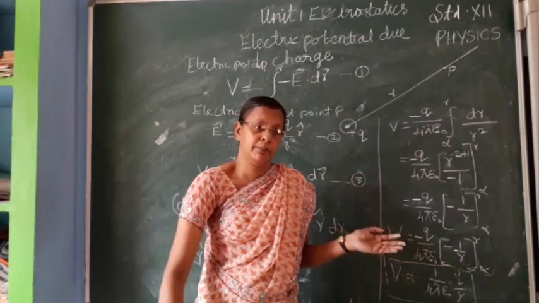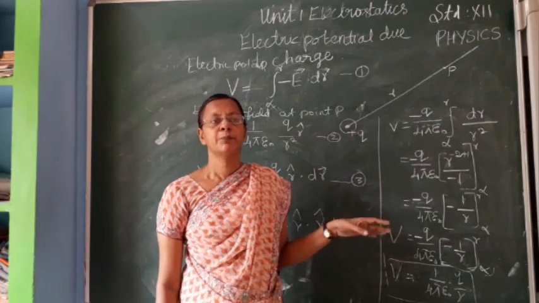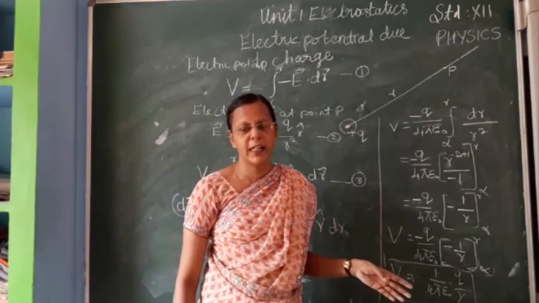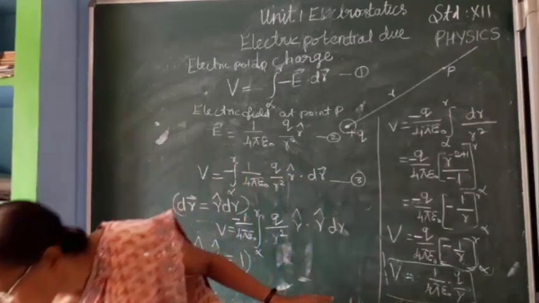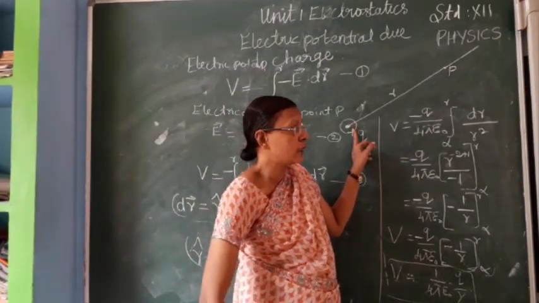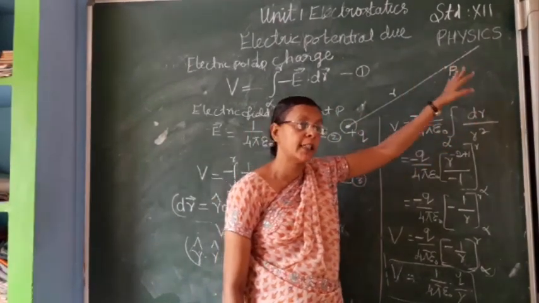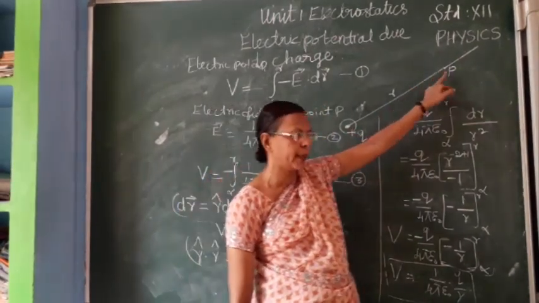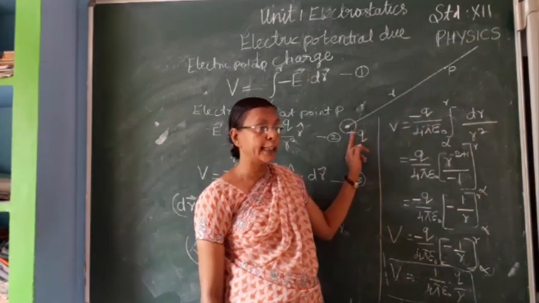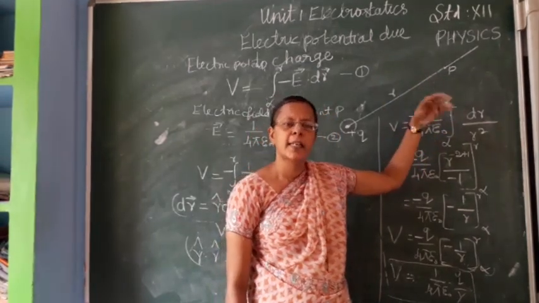It is simpler than the concept of electric field. Okay, it is easier. Third point: the potential of the positive charge decreases when the distance is increasing. The potential due to a negative charge at P increases if the distance is increasing.